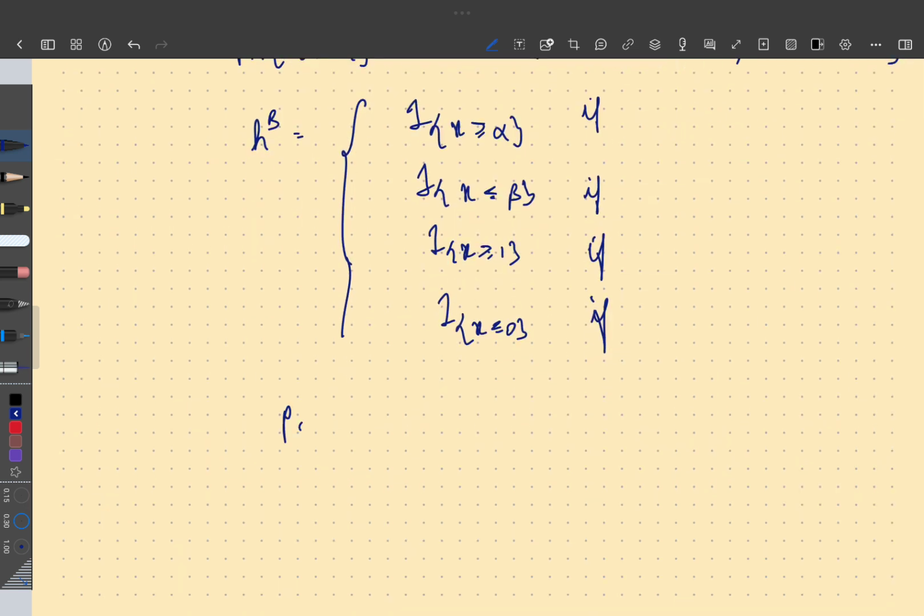Let me define Pi to be the probability that x is in the ith subinterval.